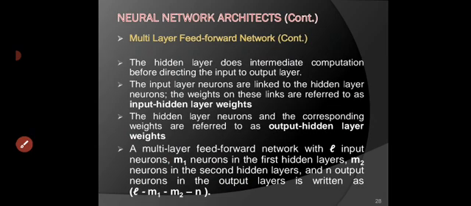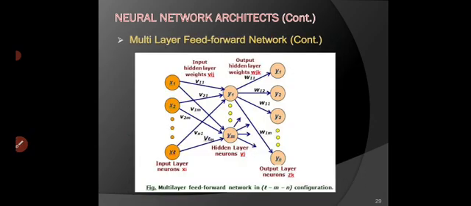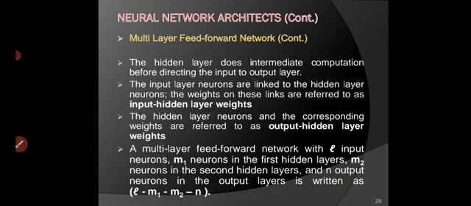Okay, let's see the figure of multi-layer feed-forward network. See, this is the hidden layer. The hidden layer does intermediate computation before directing the input to the output layer. The input layer neurons are linked to the hidden layer neurons. The weights on these links are referred to as input hidden layer weights.